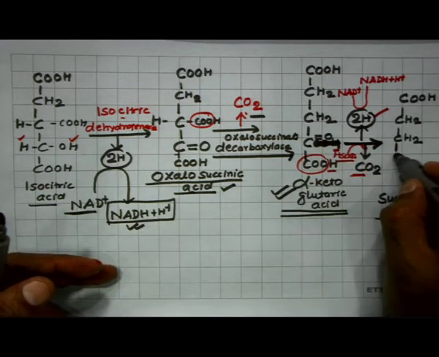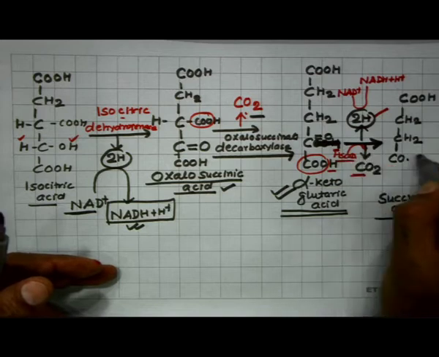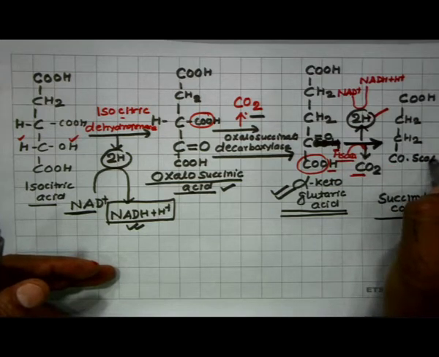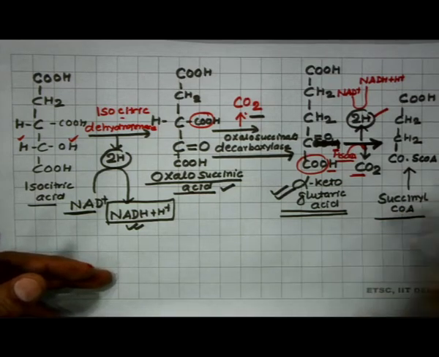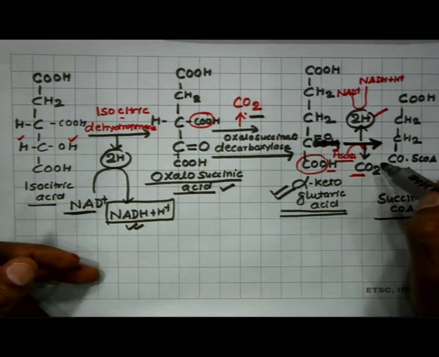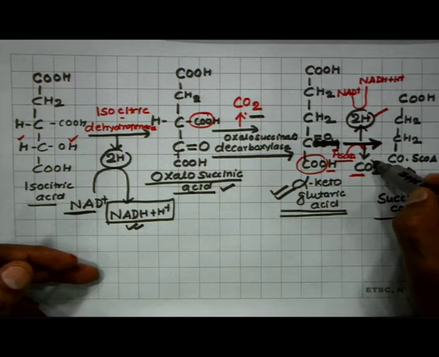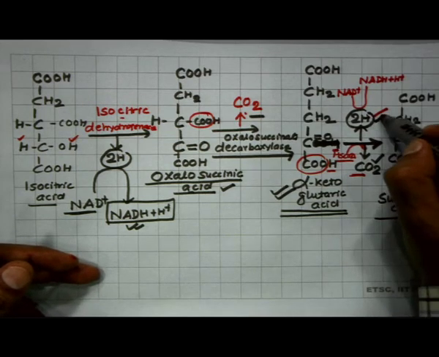So, only CO is here and SCoA. This structure is called succinyl coenzyme, and here two things are going to happen, decarboxylation as well as dehydrogenation.